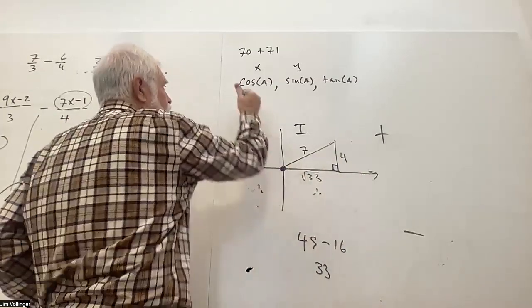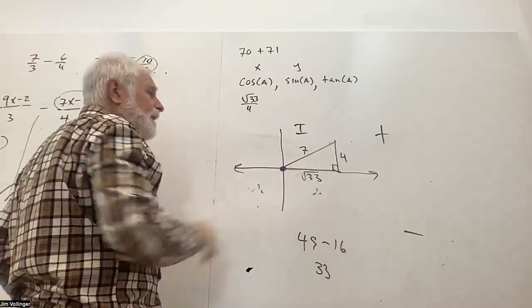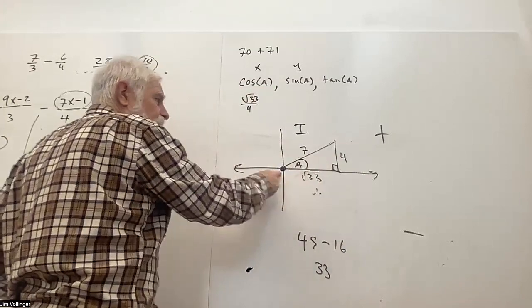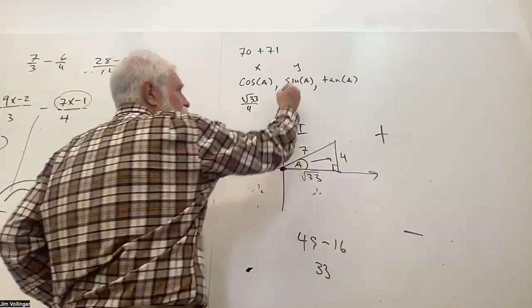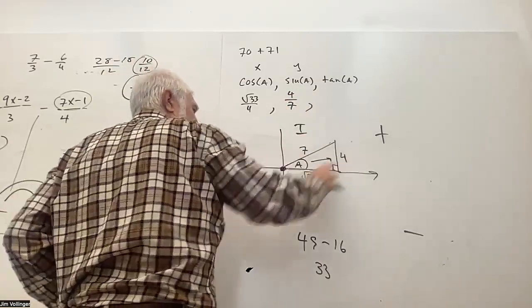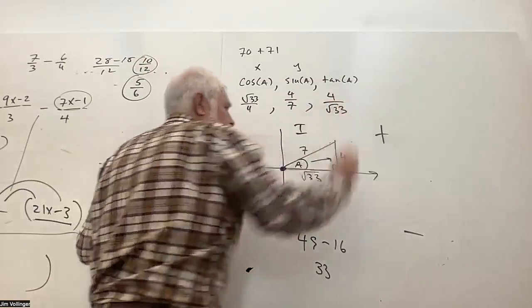So square root of 33 over 4. Sine was given. Here's angle A attached to the origin. That's the opposite side. That's the hypotenuse. 4/7 was the sine. And the tangent is really a rise over run kind of concept. 4 over root 33.